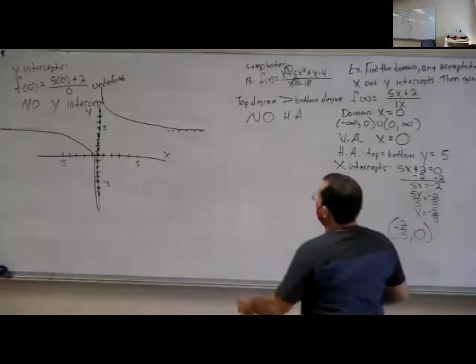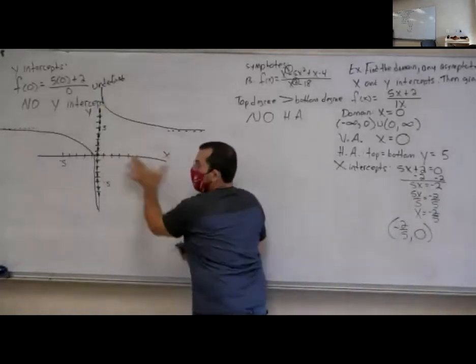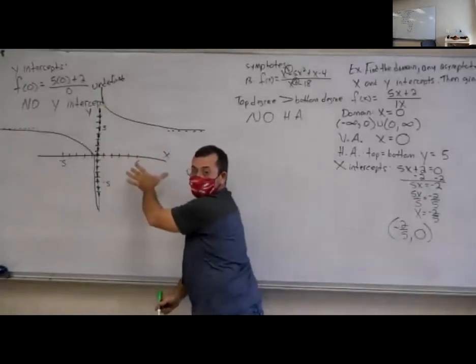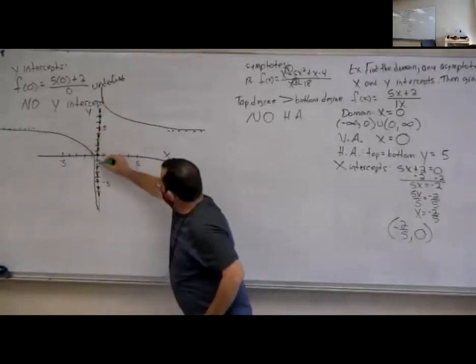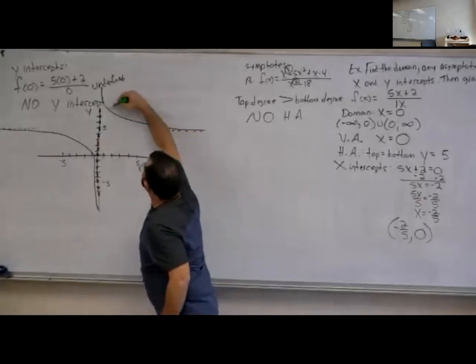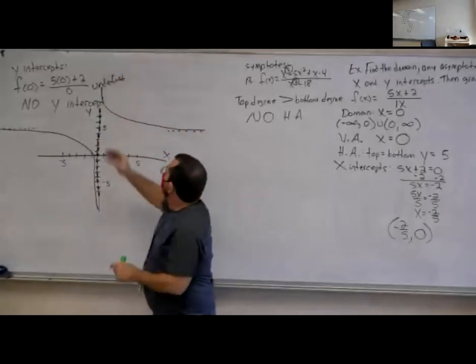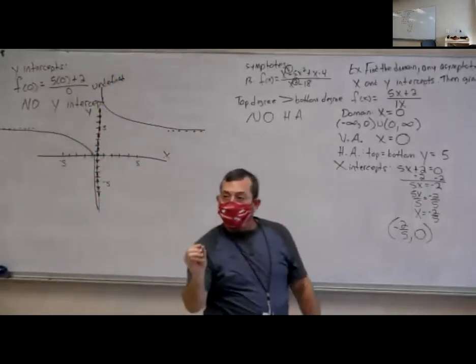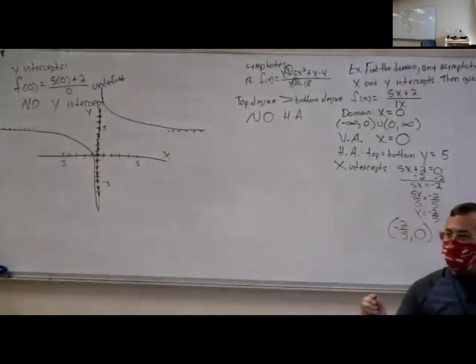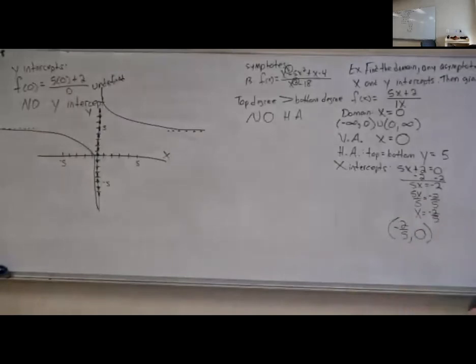Now, I knew this one couldn't come down because it can't cross the x-axis no more. So with these vertical asymptotes, one side usually is going to come down, the other side is going to try to go up. But they don't cross that. They get closer and closer as they head towards those infinities. And you can get within thousands, 10,000, 100,000 of that point, but it's still not going to touch that line, okay?